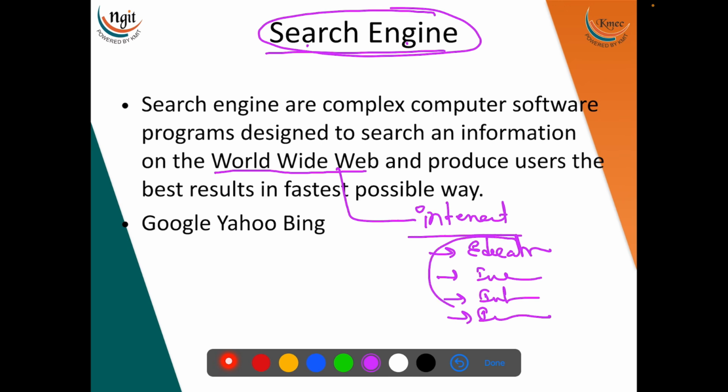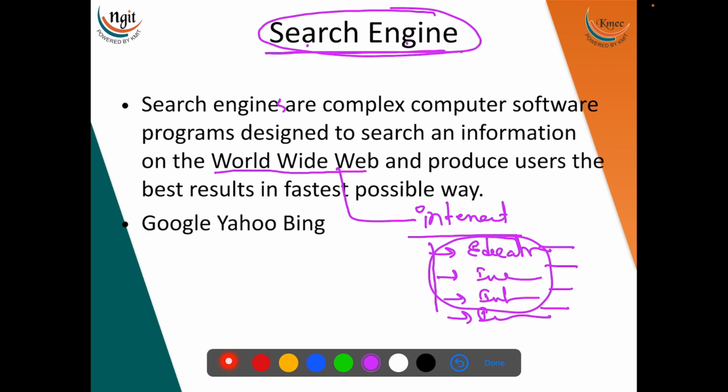That means everything is on the internet. If I want to search something, I have to be given access to all the contents available on the internet. Now you need some process that gives you the allowance to search the content inside of these websites, correct? So what is a search engine?